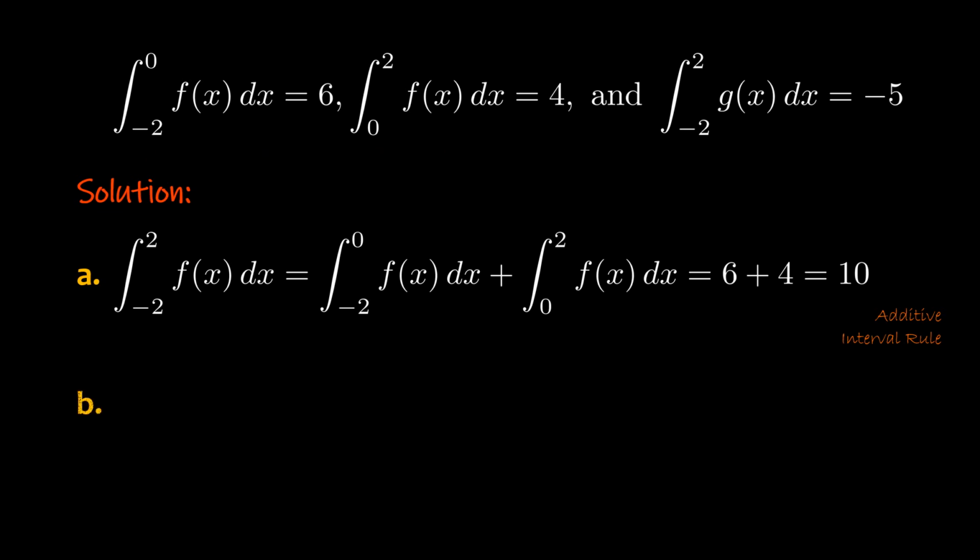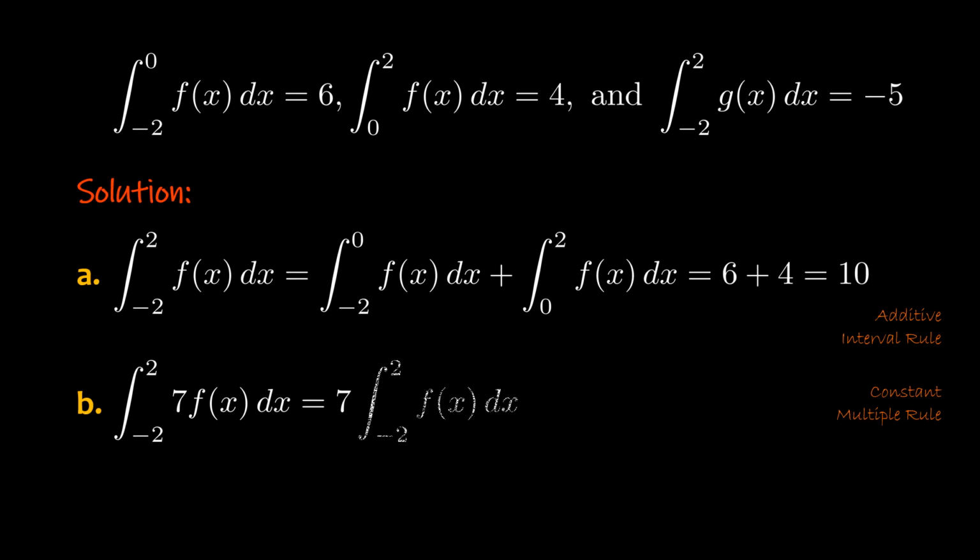B. Apply the constant multiple rule. Substitute the computed definite integral from -2 to 2. Consequently, the definite integral is equal to 70.